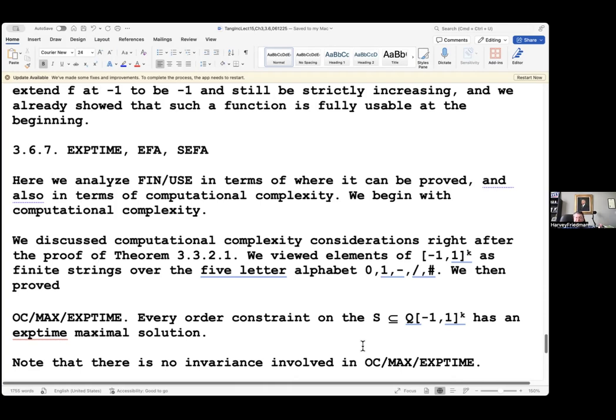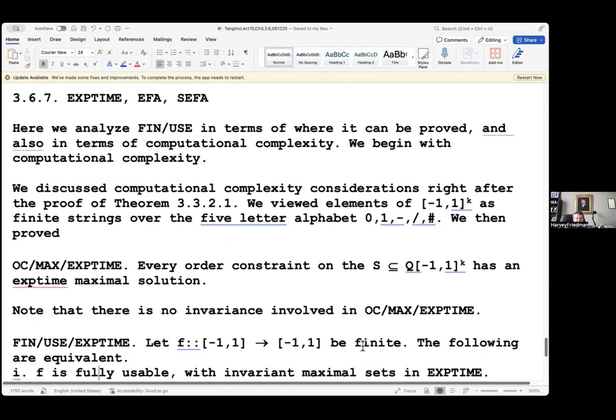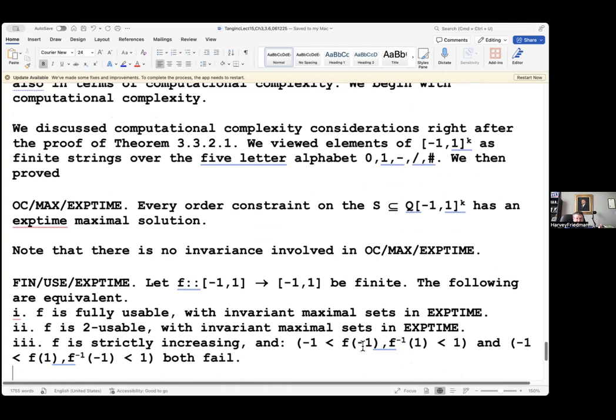We did that with an inductive construction. But there's no invariance involved there, so we shouldn't get too excited about this. However, it's still true that here's the computational complexity form of it. Remember, it's three implies one. That's the really important thing.